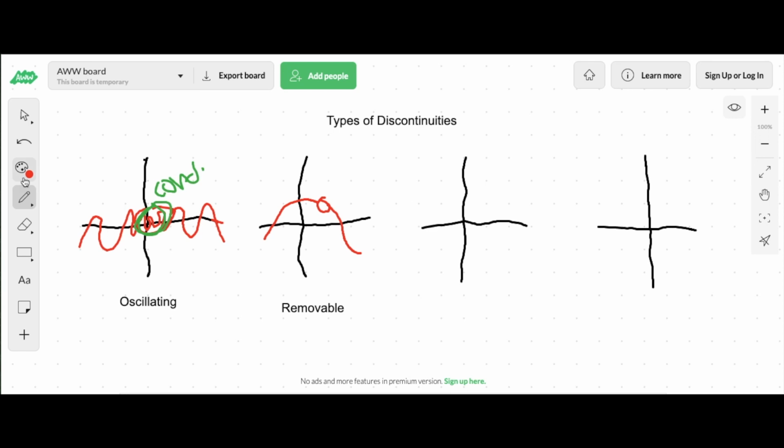A removable discontinuity basically says that if there's a hole here, there's got to be a point right here where it's filled in. This is really common because sometimes you might be asked to assess the limit of a removable discontinuity, and the limit will be what this point is rather than this point.